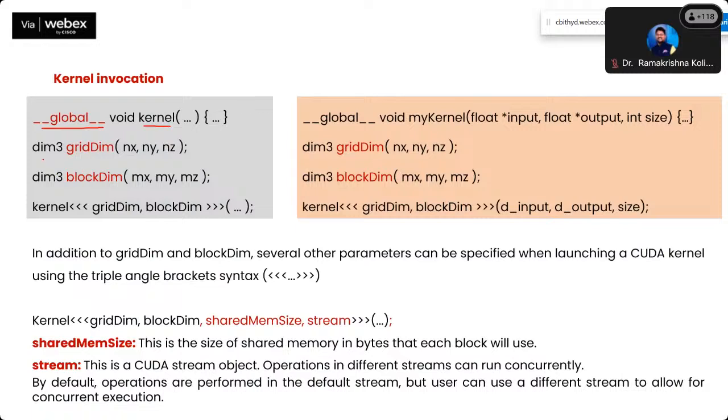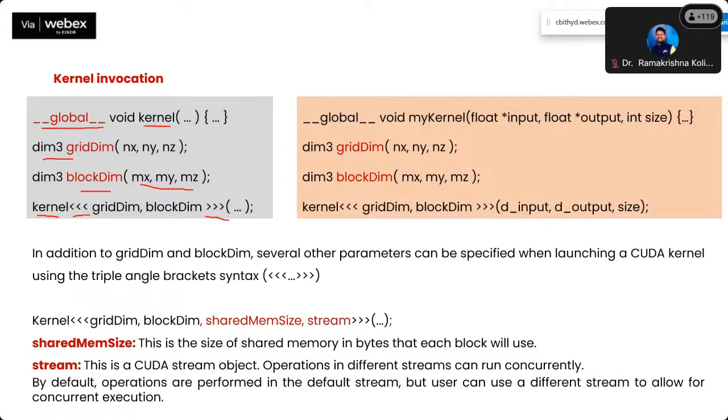After that, I have defined the dimensions: dim3 gridDim with nx, ny, and nz in three directions, and similarly dim3 blockDim, the number of threads in a block, I have declared by passing these values. Then how to launch the kernel? You can see these triple angular brackets, and here is the kernel, with the same name that I have given to my kernel.